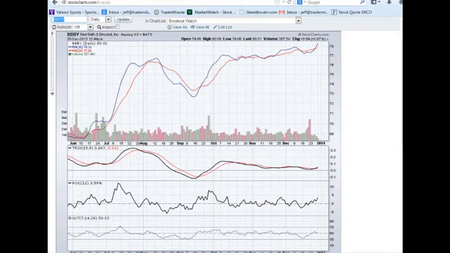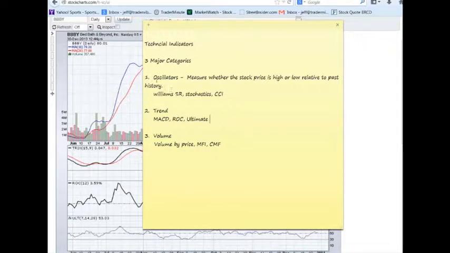All right, so let's take a look here. We have our oscillators, we have our trend indicators, and then we have our volume indicators. Now, you'll notice with the Williams %R, stochastic, CCI, ultimate, rate of change, MACD, none of these took into account volume. None. All they did was mess around with the pure price action and come up with some sort of calculation based on the price action.